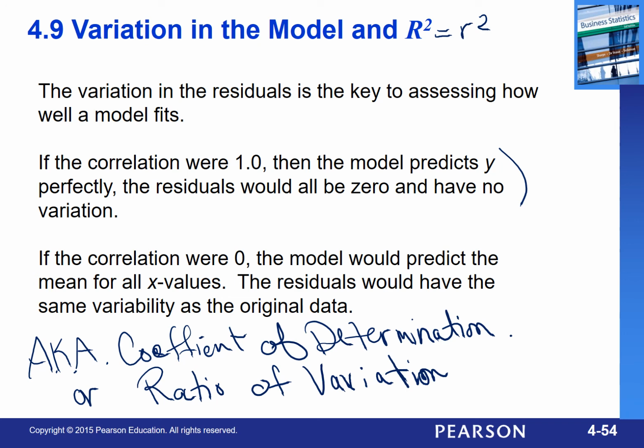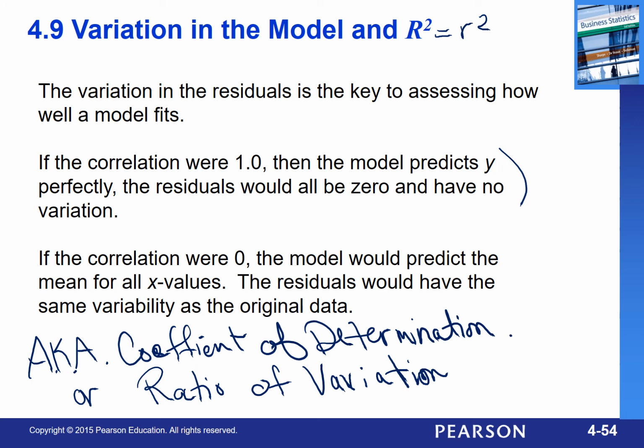What did I want to say about this? This also has a couple other names, just in case you run across these. One of the other names for this is the coefficient of determination. This name is not used as much as it used to be, so just so you know. If you end up reading something that has that word in it, you'll have some exposure to it.